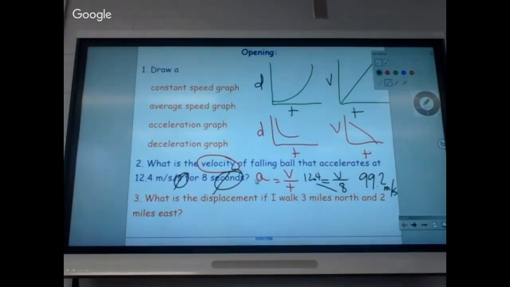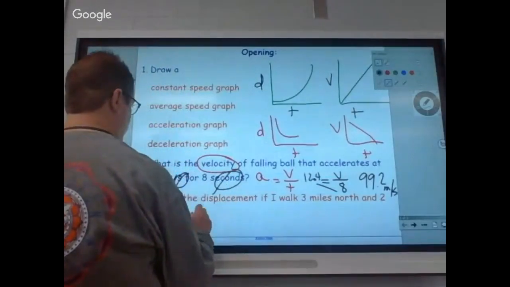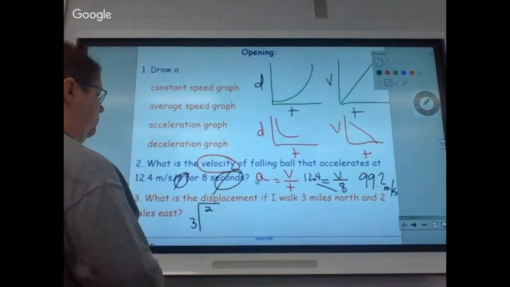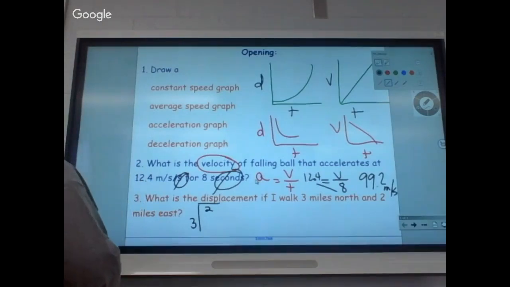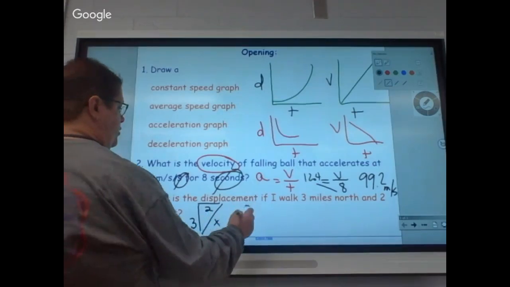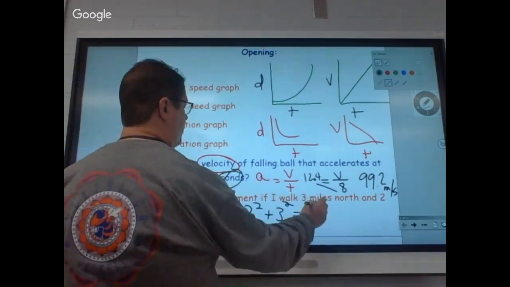All right, and then I gave us one displacement. I walked 3 miles north and 2 miles east. So if I go 3 north and 2 east, what do I do? The Pythagorean theorem. So we're looking for x. So 2 squared plus 3 squared equals x squared.